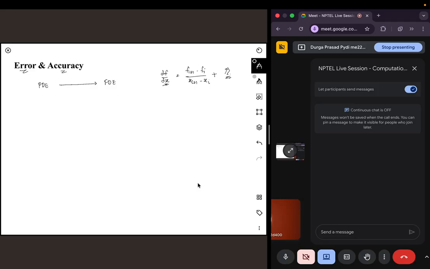That is what we term truncation error. This truncation error should ideally go to 0 as the stencil size becomes smaller and smaller. As x i plus 1 tends to x i, this value should approach df dx.